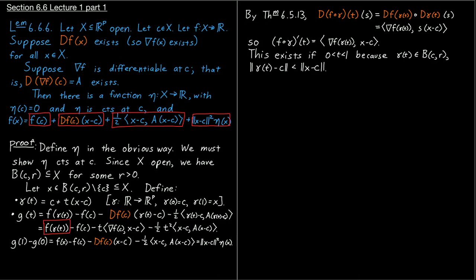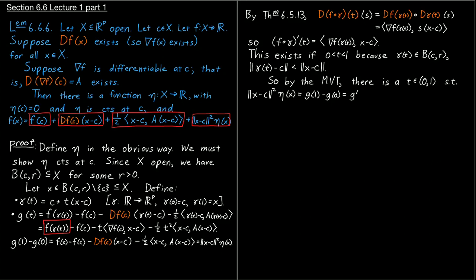So by the mean value theorem, there is a t between 0 and 1 such that we've got our norm of x minus c squared times eta of x, which we said was g of 1 minus g of 0.